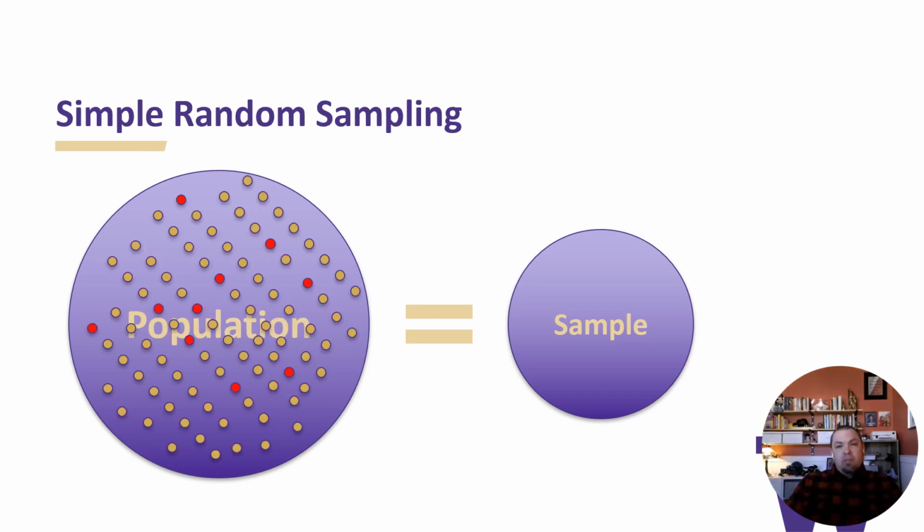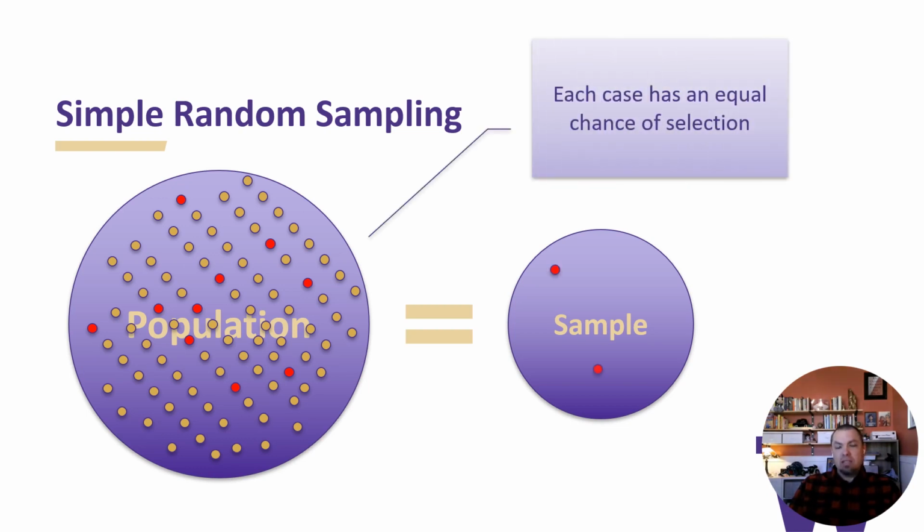So simple random sampling is when the cases within the population, so let's say whatever news media reports that we have defined as part of our population, each case has an equal chance of being selected.